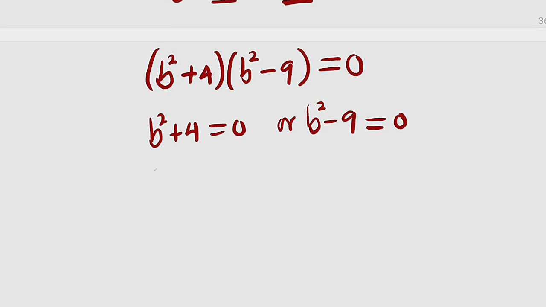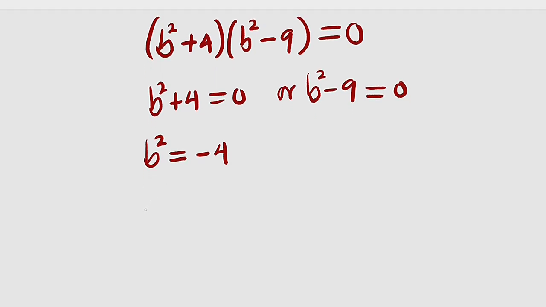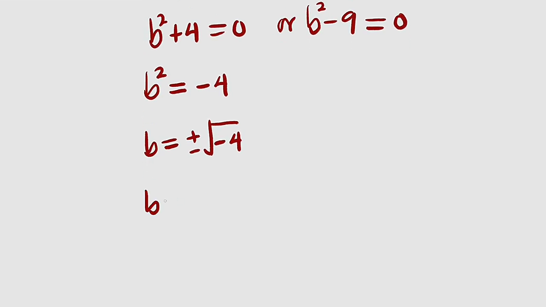Let's solve them separately. From here, we have b squared to be equal to -4. If 4 crosses over, you take the square root of both sides. You have b equal to plus or minus the square root of -4. Square root of -4 is 2i. So b is equal to plus or minus 2i.